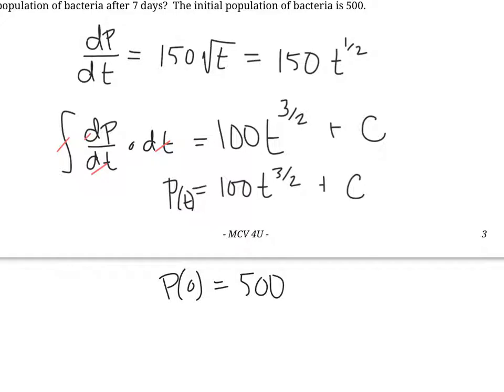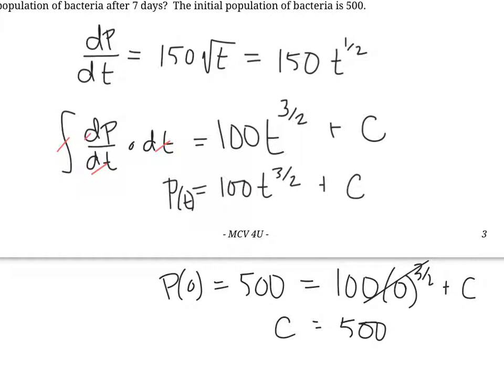So the question is, can I solve for c? Can I figure out what c is now? And the answer is yes. If I just plug in that t equals 0 here to the 3/2 plus c, that's just going to be 0 to the 3/2. That's going to go away. So c in this case is equal to 500. So we've found that initial condition and used it to find what c is.